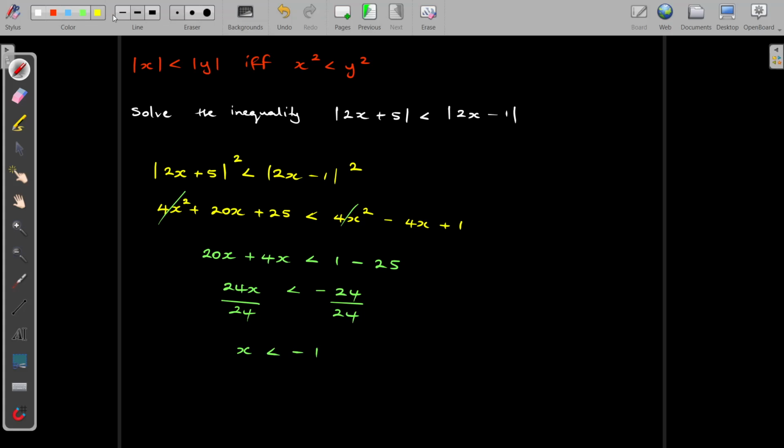Alright, so something to note. The inequality sign changes under two conditions.